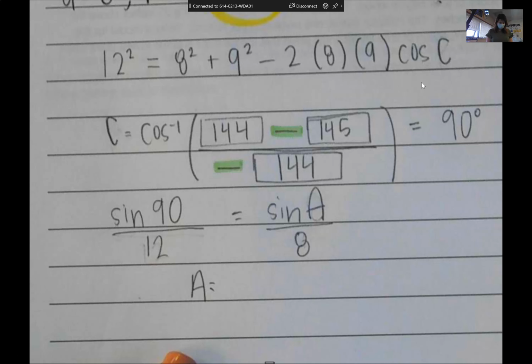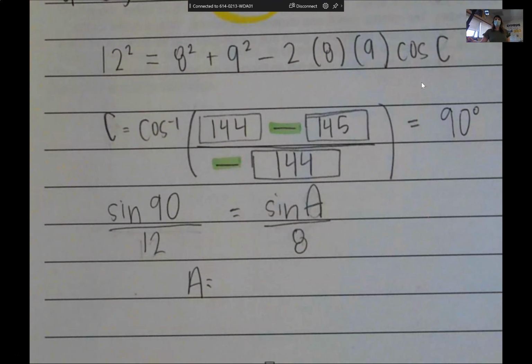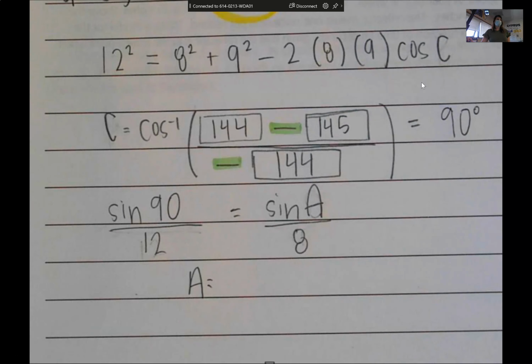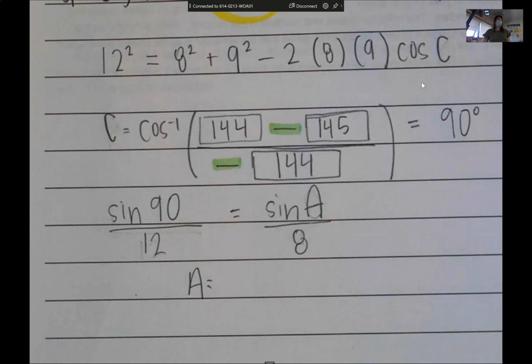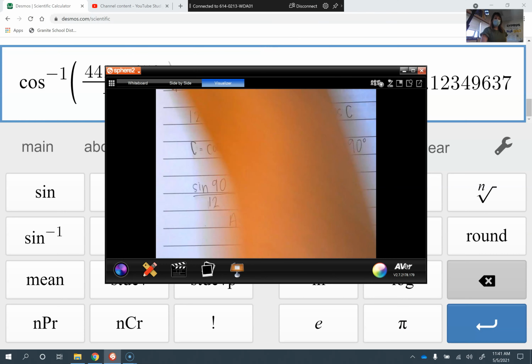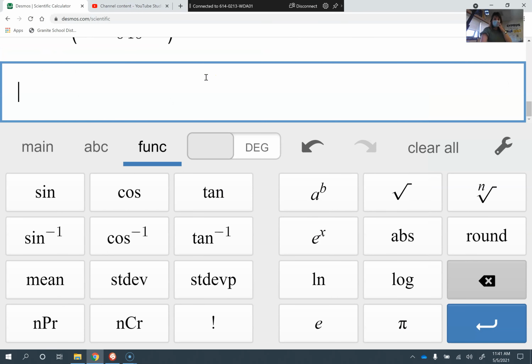I'm getting a really small number. I'm getting 2/3. Is this the ratio you guys set up? Sine 90 over 12 equals sine A over 8? Yeah? What'd you guys get? Why is my, oh, because I didn't do sine inverse. 42? Okay. Hello, teacher, get a grip.